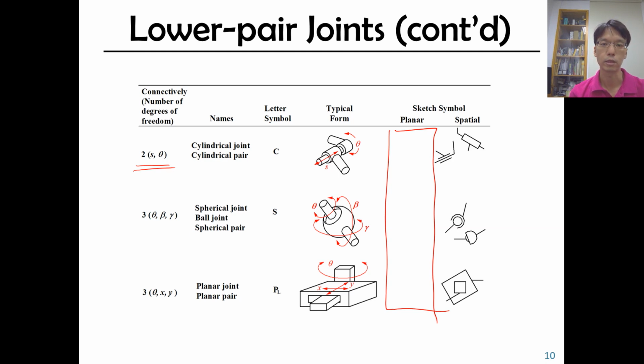You may notice they all have surface contact. For this ball joint, the whole surface of the ball is in contact with the surface of the shell. The others are the same; they are all in surface contact.